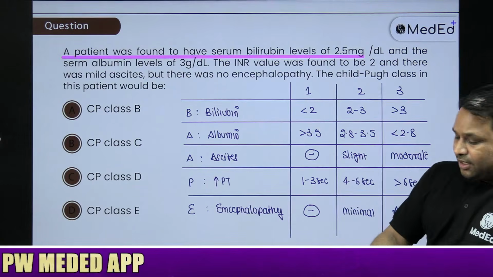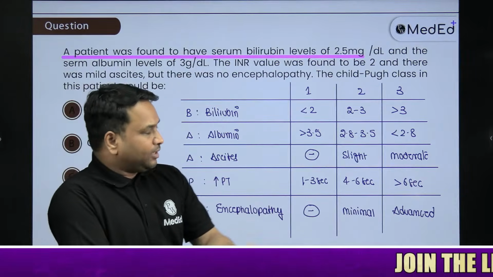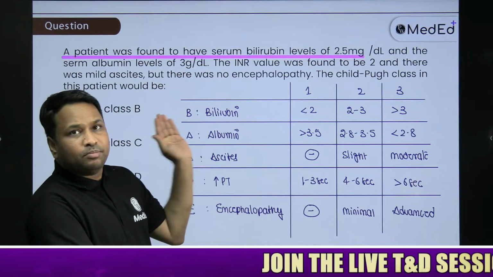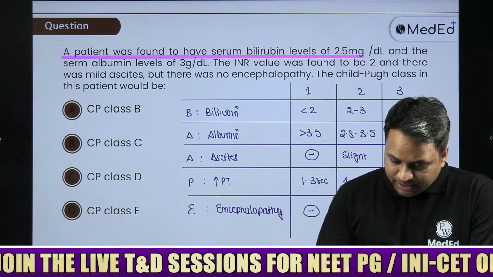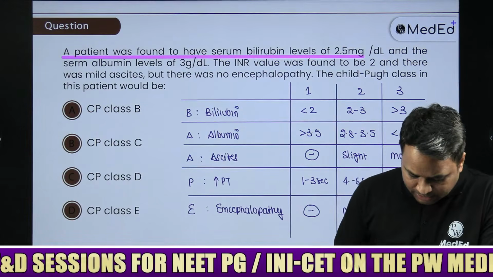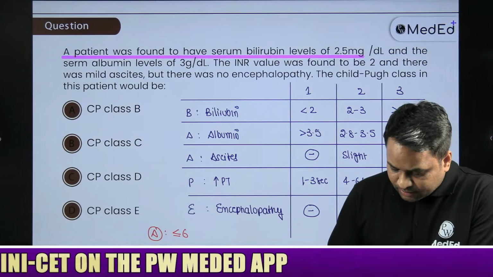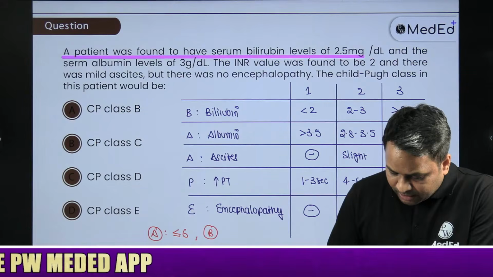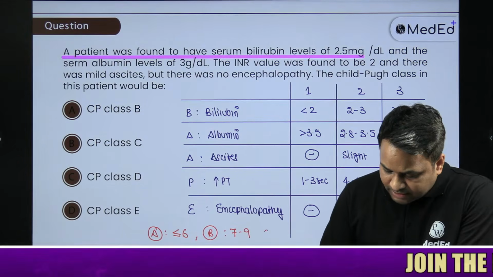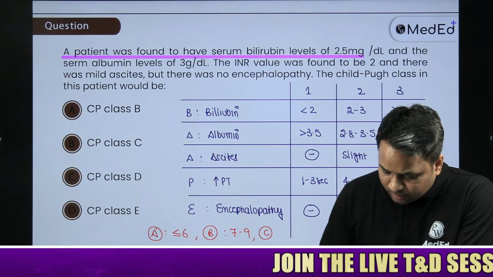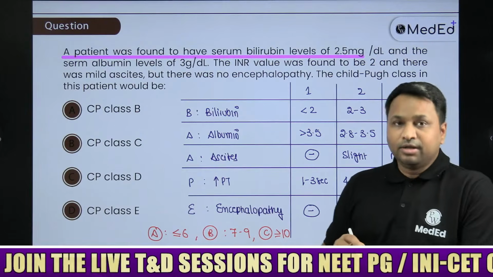Once you calculate the entire Child-Pugh score, based upon the total score you have class A, class B, and class C. Class A if it is less than or equal to 6. Class B if it is between 7 to 9. Class C if it is more than or equal to 10.